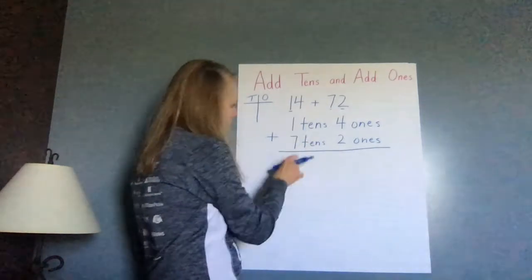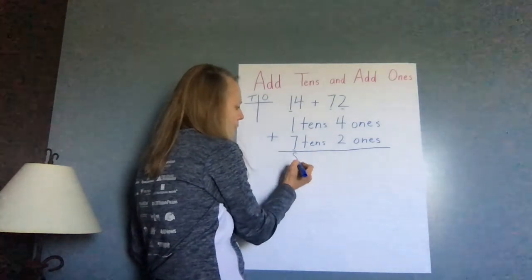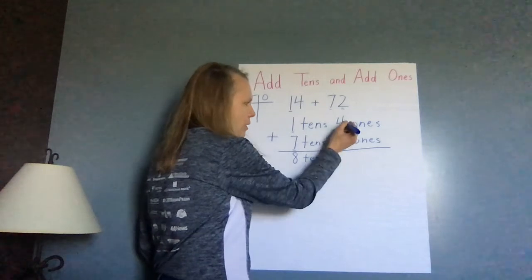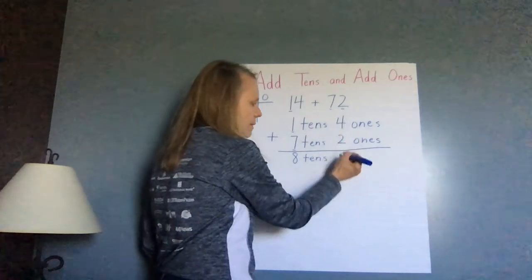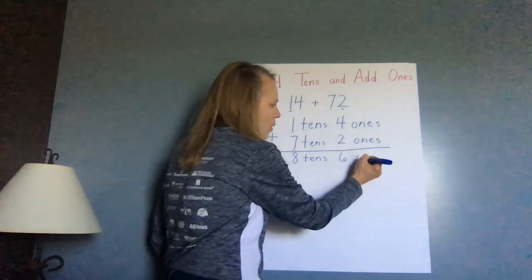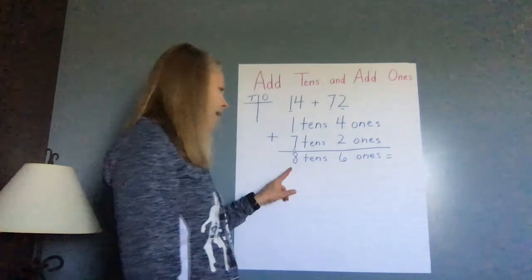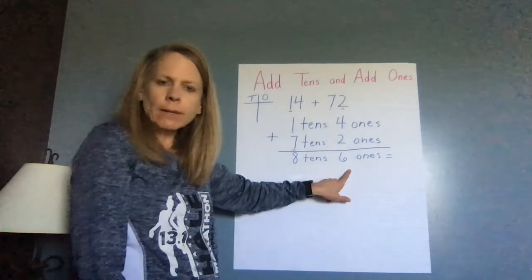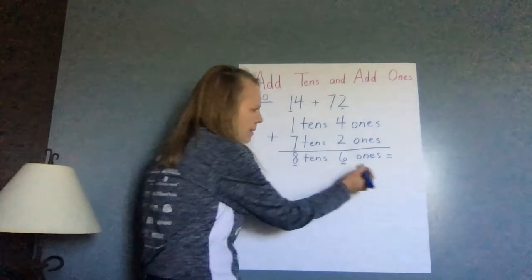So when I look at the tens, I'm going to say 1 plus 7 equals 8 tens. And 4 plus 2, 4, 5, 6, 6 ones. So if I have 8 tens and 6 ones, what number is that? Well, it's 86.